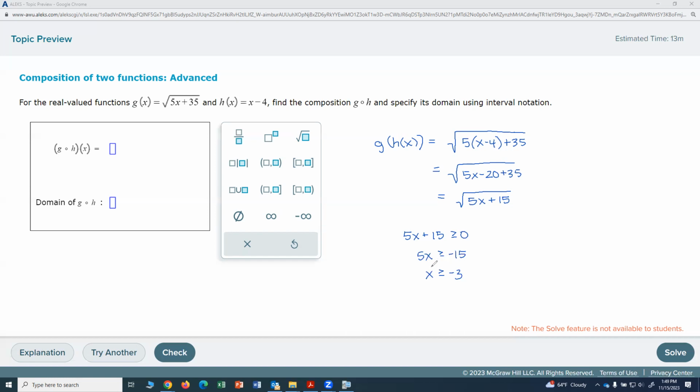So I've set a stricter restriction based on my outcome. I'll go ahead and put in my square root of 5x plus 15, and I'm going to choose the option with the negative 3 included, so negative 3 to infinity.